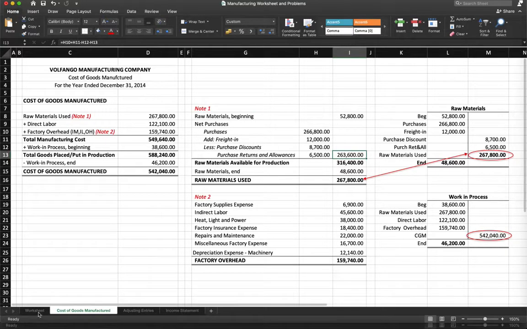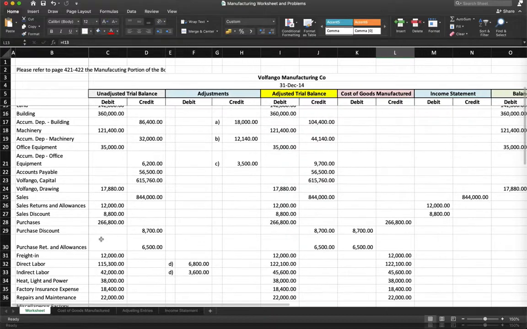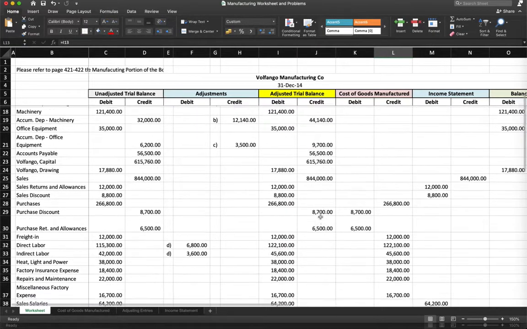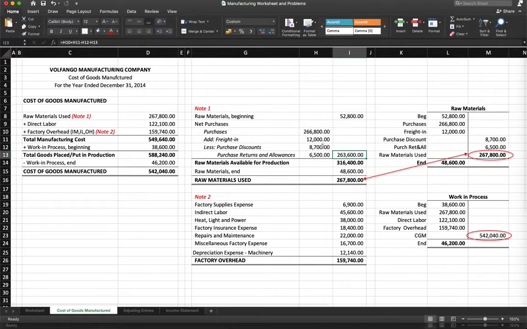Nandito yan sa worksheet natin, sa adjusted trial balance. Purchases, 266,800. Purchase discounts, 87. And then, purchase returns and allowances, 65. Freight in, 12,000 pesos. Okay? Pag-add mo yung raw materials beginning plus yung net purchases mo na 263,600, that would be your raw materials available for production for the period or for the year.